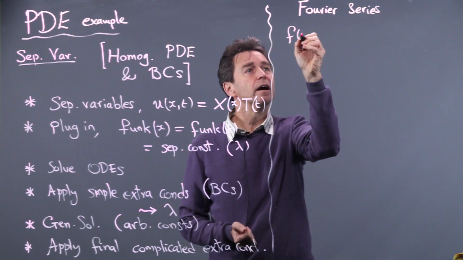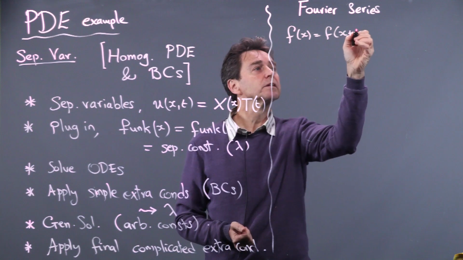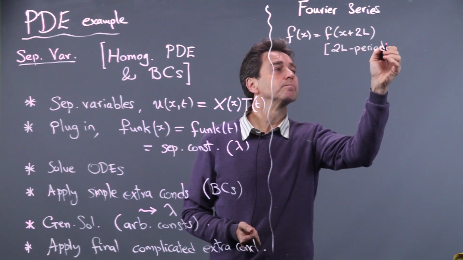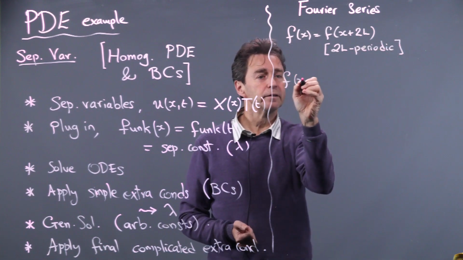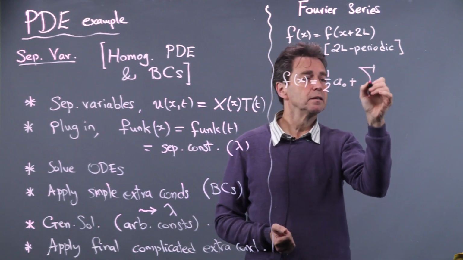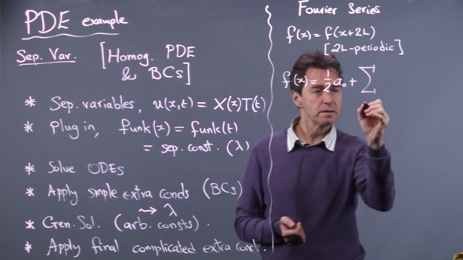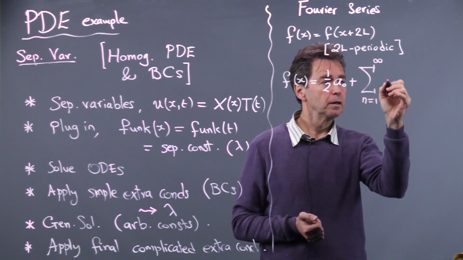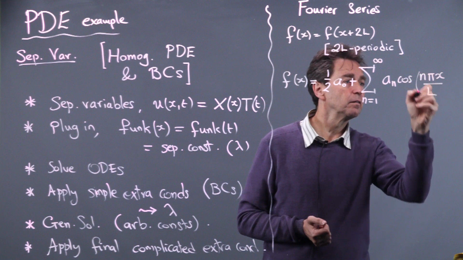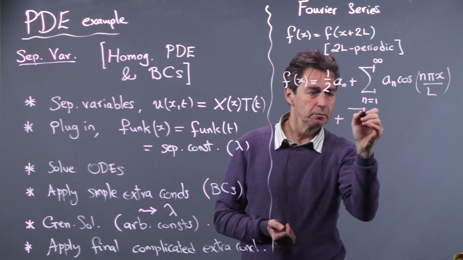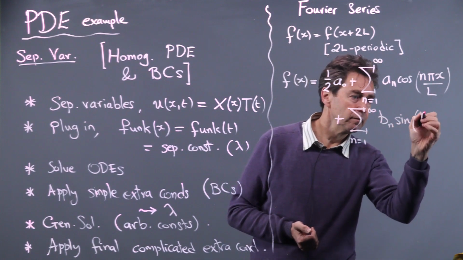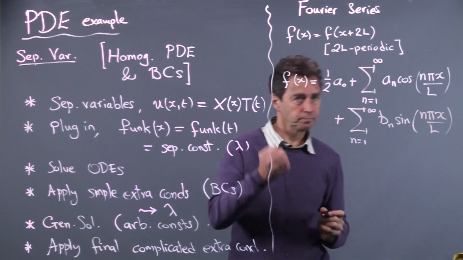If f of x equals f of x plus 2L, that means it's 2L periodic, then I can use the Fourier series theorem, which tells me I can express my function as a constant that we always call 1/2 a0, plus a sum of a_n cosine of n pi x over L, plus another sum of b_n sine of n pi x over L.